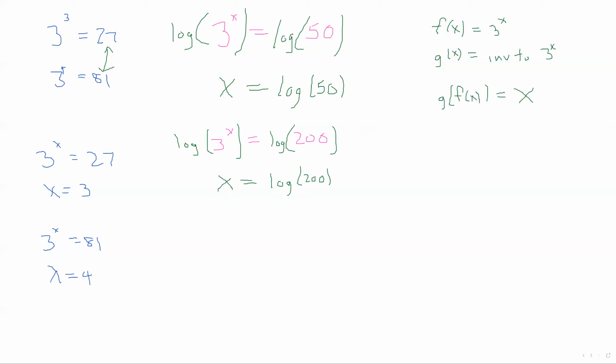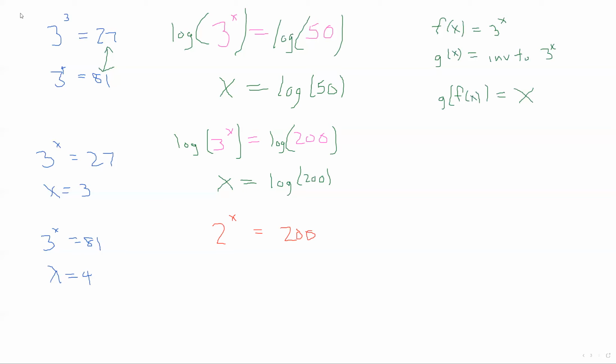Okay, well, let me ask a stupid question. Real stupid question. If this is how we get the answer to 3 to the x equals 200, what if I asked 2 to the x equals 200? Wouldn't I do the same thing?